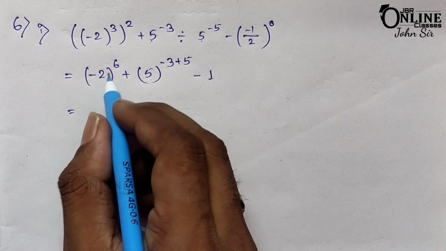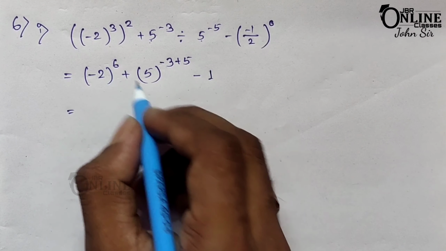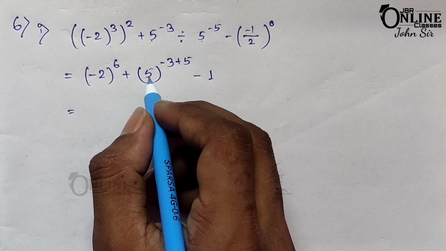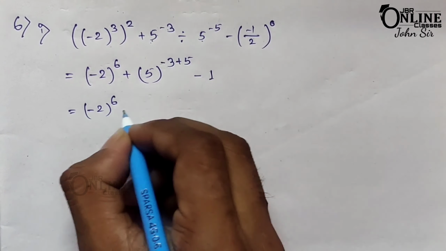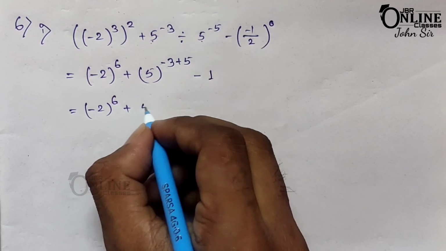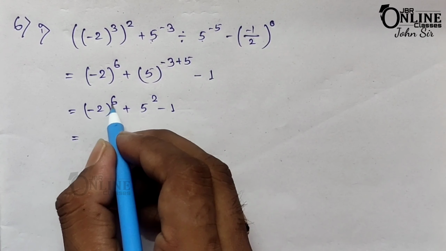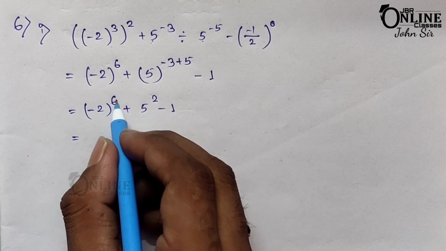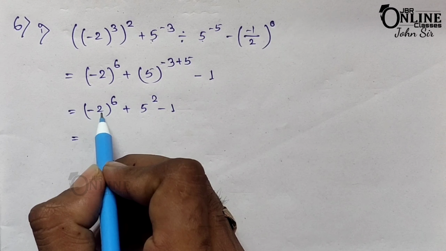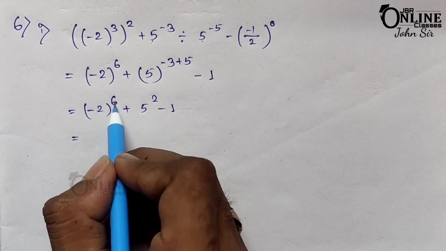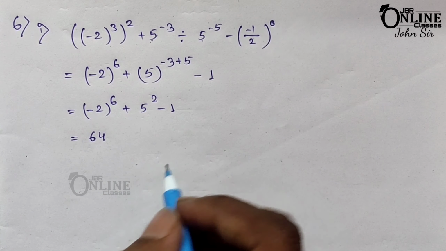So here now minus 2 whole to the power 6 plus half, then here, so write down here minus 2 whole to the power 6, then here 5 to the power 2 and then minus 1. Now here the power of minus 2 is an even number, that means the final value will be positive. Now 2 to the power 6 means 64.